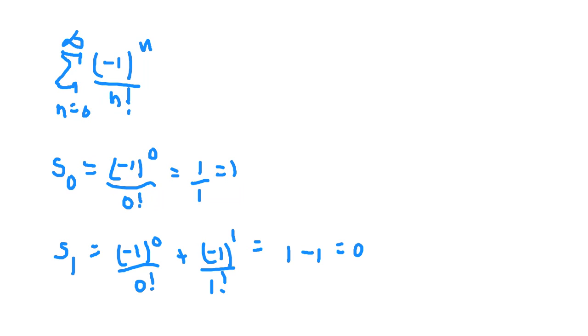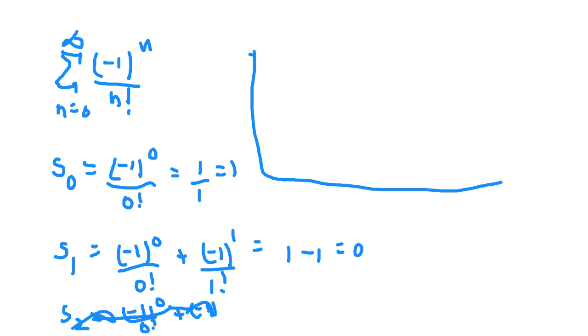If we did one more, S sub 2, which is the third partial sum, would be -1 to the 0 over 0 factorial plus... let me put it over here, I like to have space. Let me do S sub 2. In this case, it would be the sum of the first 3 terms of the series.